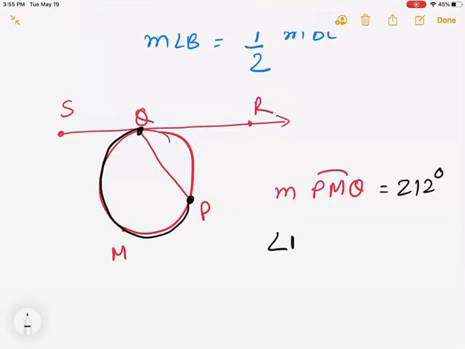Find angle PQR, which is this one over here on the other side.